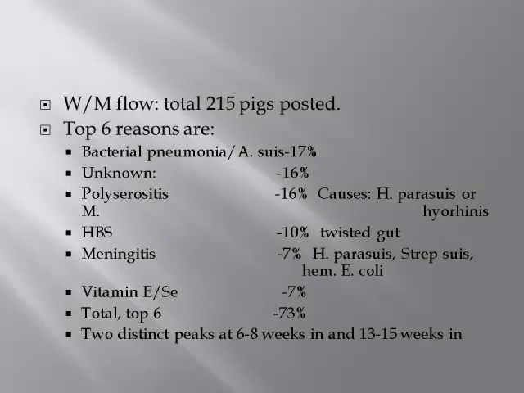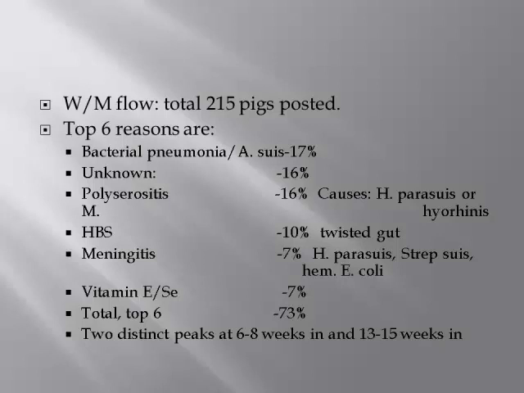So this is half the flow, the wean to market flow. They posted a total of 215 pigs. In the top 6 reasons, you can see that for this herd the big thing was bacterial pneumonia and A. suis. Unknown actually should be other, because we did post those pigs and the students just didn't know what to call it.